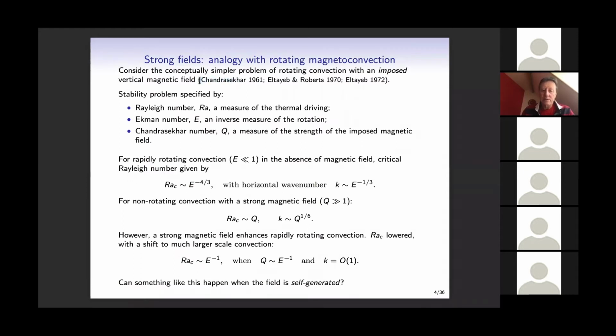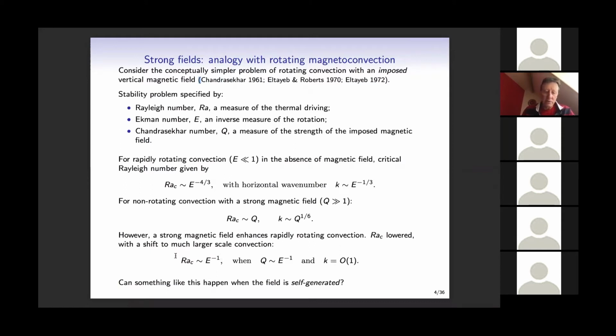It was looked at in more detail by Eltayeb and Roberts in a short paper, and a much longer paper by Eltayeb back in '72. If you put them together, then a strong field can improve matters. If you've got rapidly rotating convection and you put in a strong field, then you lower the critical Rayleigh number from Ekman to the -4/3.